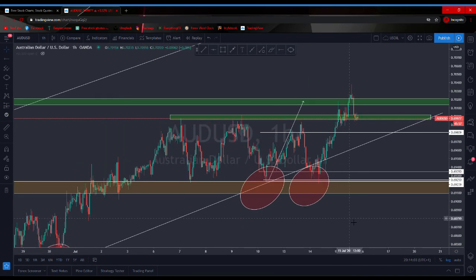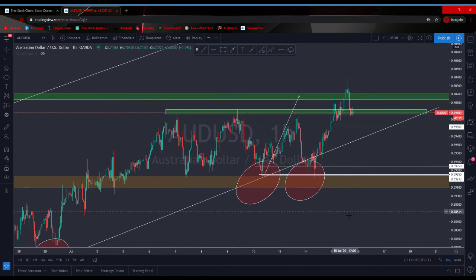And so there we have it, guys. Another quick trade recap. Aussie dollar, 70 pips. As mentioned before, unfortunately those scalpers, the short-term traders, were stopped out at break even.